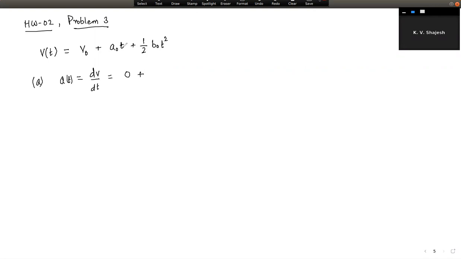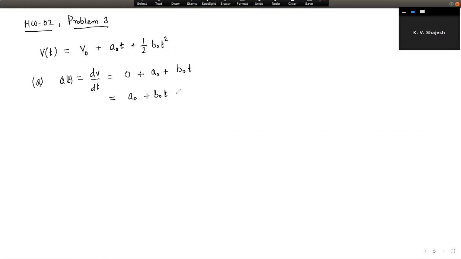The second term is linear in time, so that's a naught, plus the third term is quadratic, so it is 2t. So 2 cancels out, and we have b naught times t. So that's equal to a naught plus b naught times t.